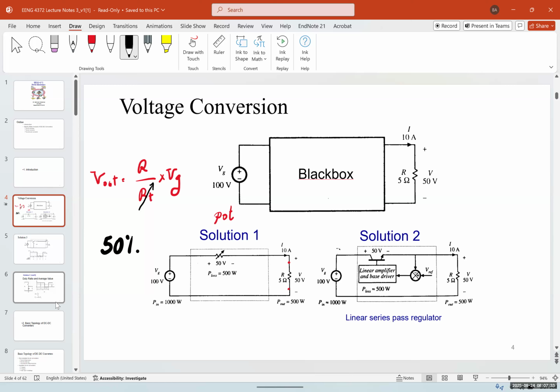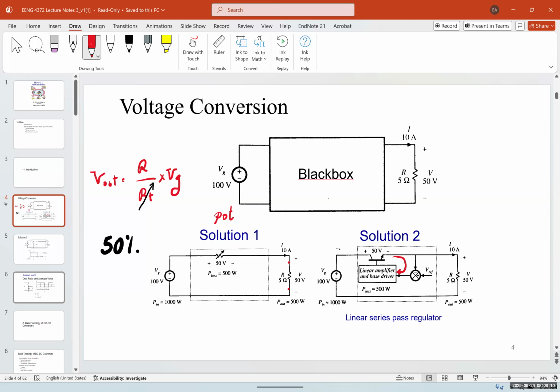So then we went to the second solution that we had. The second solution involves a voltage regulator. A voltage regulator is usually a combination of a transistor and a Zener diode. Also, a Zener diode is another option, which is a type of voltage regulator. And we usually have a feedback loop system, and we have a linear amplifier and a base driver, and we can regulate the voltage.